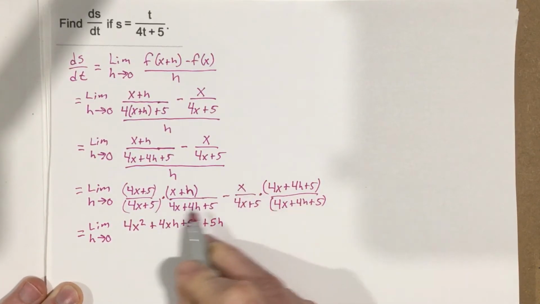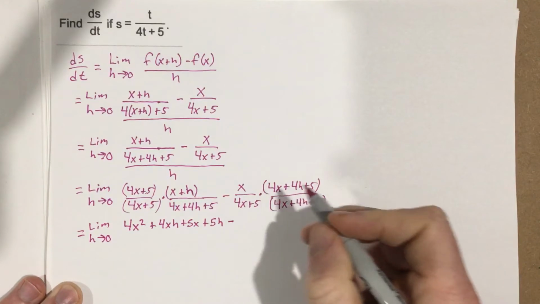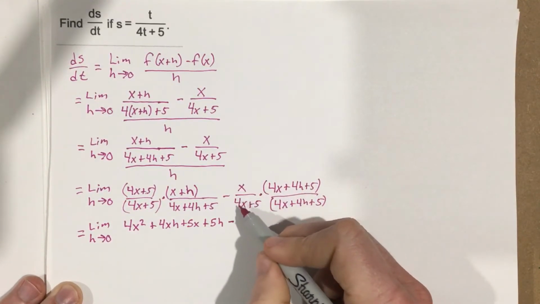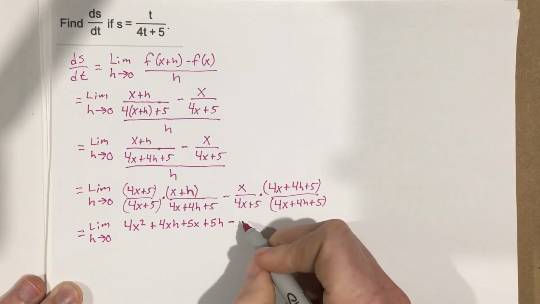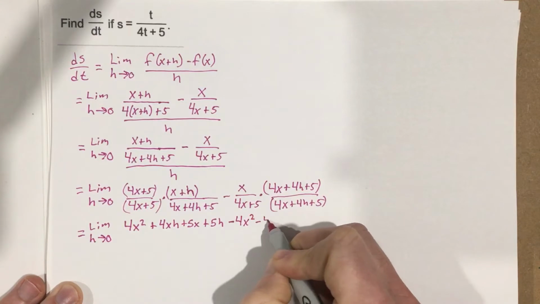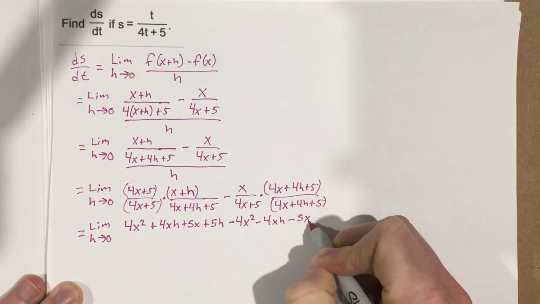Now we're combining these together because we have the same denominator, right? So we're going to have minus, and I'm going to distribute this negative x to each term. So it's minus 4x squared minus 4xh minus 5x.